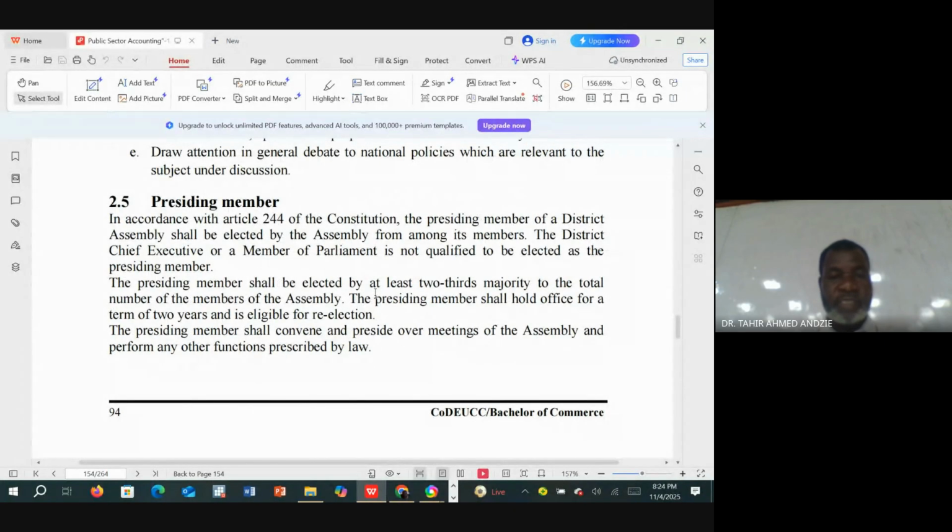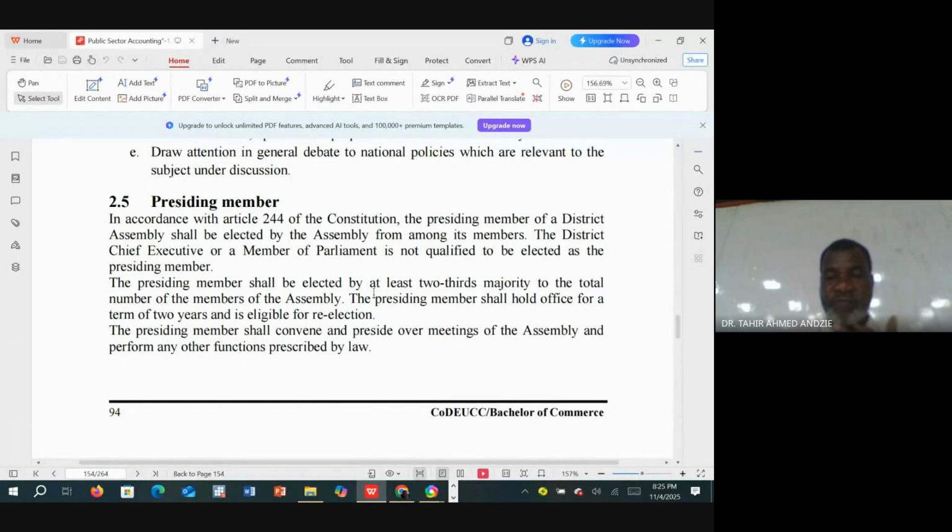In accordance with Article 244 of the Constitution, the presiding member of this assembly shall be elected by the assembly from among its members. Okay, the district chief executive or a member of parliament is not qualified to be elected as the presiding member. So the presiding member should be among the members of the assembly, and is supposed to be elected among the assembly members.